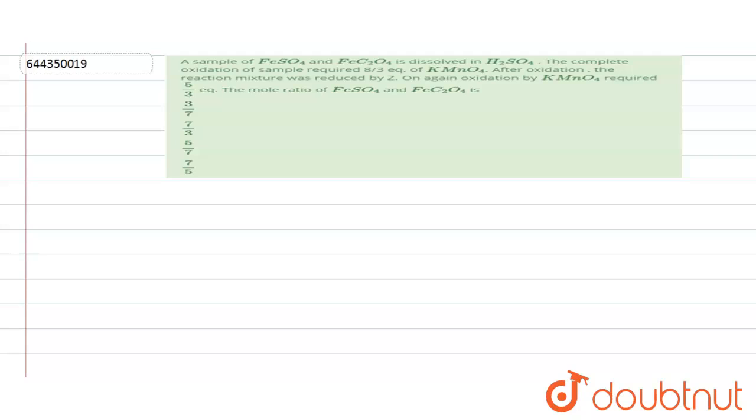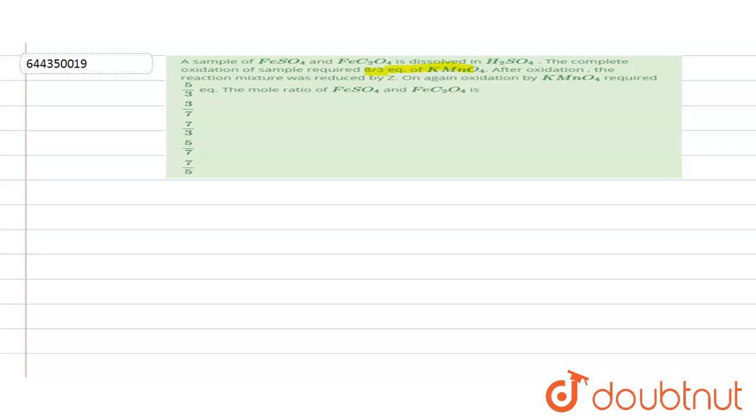Hello students, a question is: a sample of FeSO4 and FeC2O4 is dissolved in H2SO4. The complete oxidation of the sample required 8 by 3 equivalent of KMnO4.